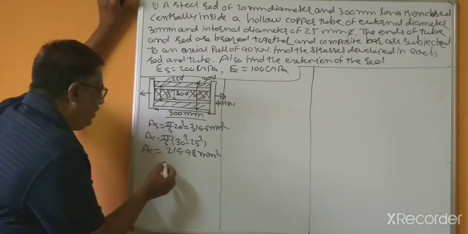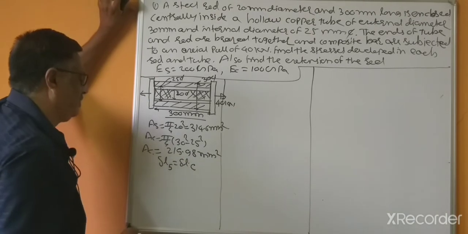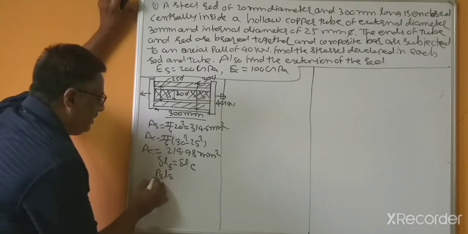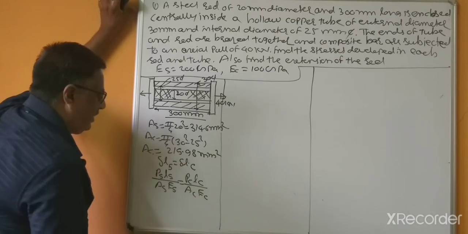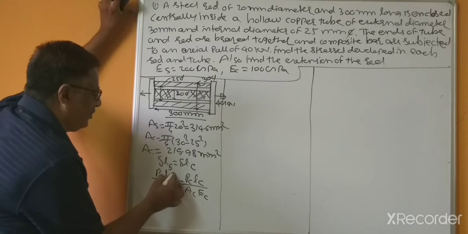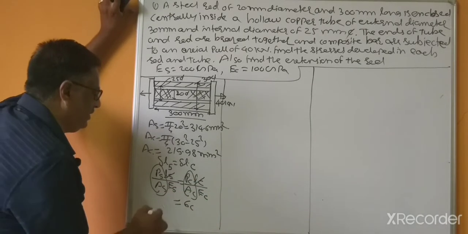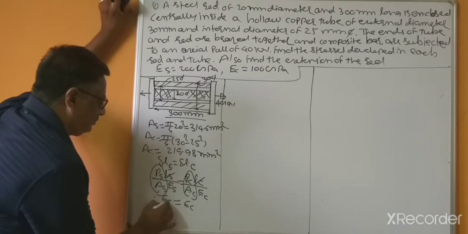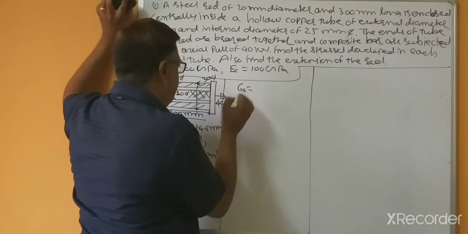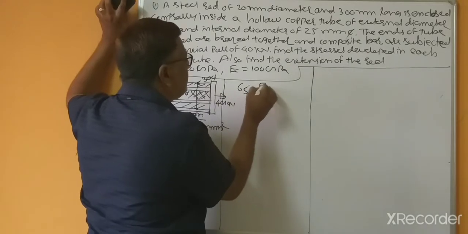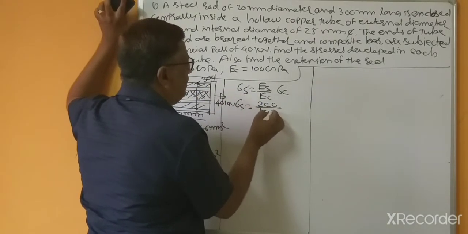Now we have to equate delta L of steel and delta L of copper. So I can write PS LS over AS ES equals PC LC over AC EC. The length is the same, so it will cancel, and PS divided by AS is sigma S and PC divided by AC is sigma C. So you get a relation: sigma S equals ES divided by EC times sigma C, and ES is 200 and EC is 100 gigapascals.